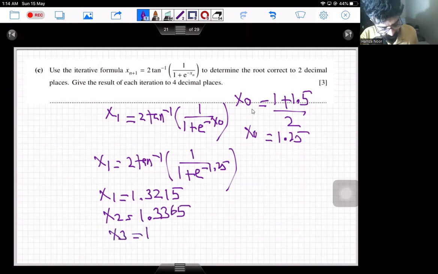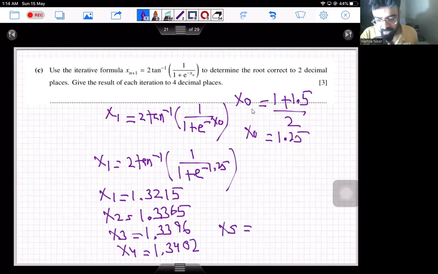So x3 equals 1.3396. Then again equals to 1.3402. Then x5 is 1.3403. You can give 4 to 5 iterations or a maximum of 6 iterations here.